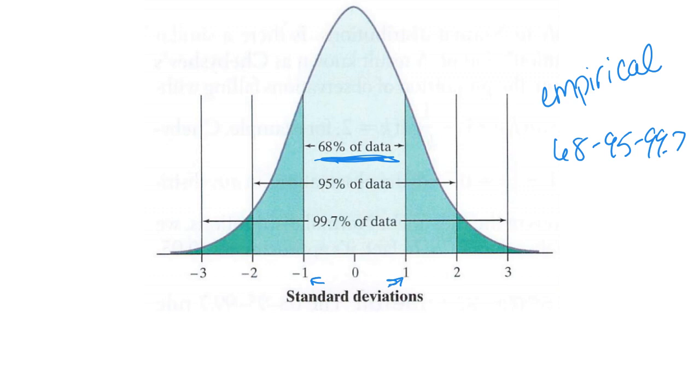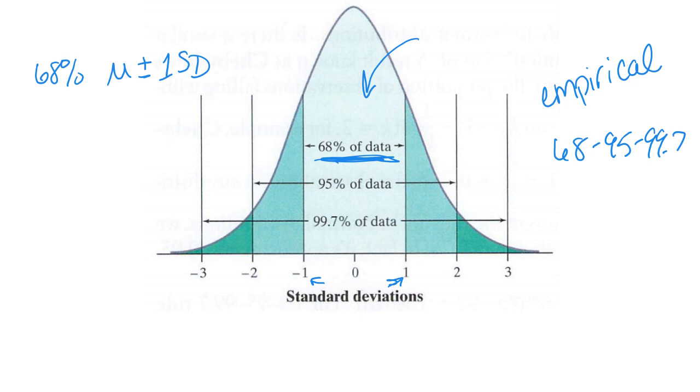So basically what that looks like is that 68% of your data points, if our mean is here, are going to fall plus and minus one standard deviation. So in that window, that's the light green that we're seeing here. So that's going to cover 68% of our data points.